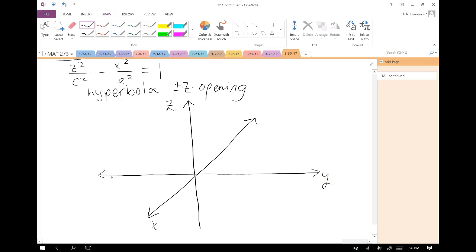So in the YZ plane, which is the plane that we're looking at flat on the board, we've got a set of hyperbolas opening in the z direction, the positive and negative z direction.